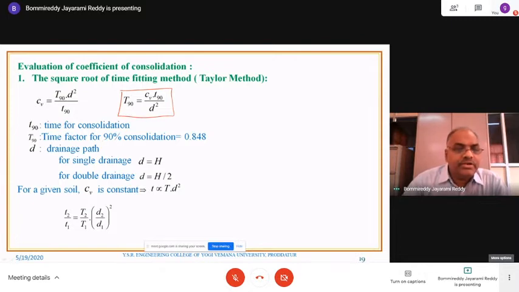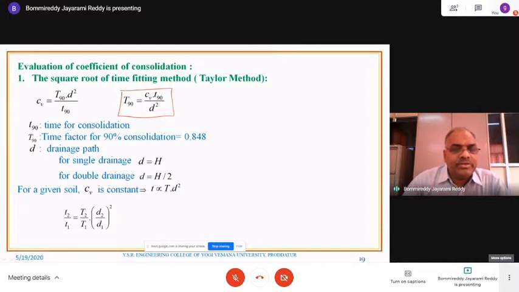t90 means time required for 90% consolidation. 90 refers to 90% consolidation. Total consolidation is 100%, but it includes initial compression, primary consolidation, and also secondary consolidation. It is very difficult to get 100% of the consolidation, and around 90% consolidation is all right.